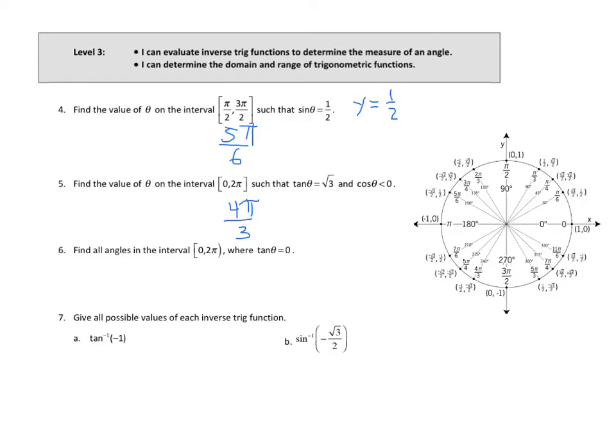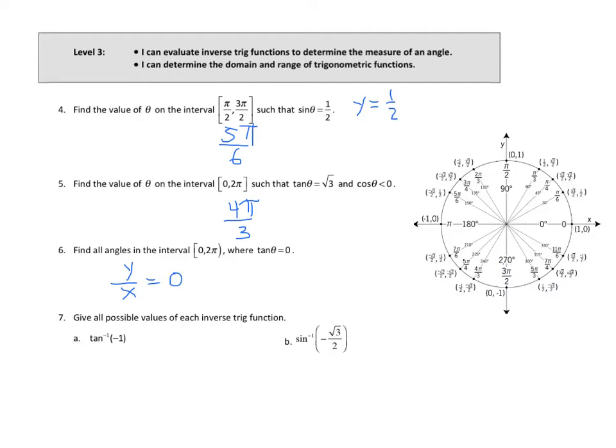In the next example, we want to find all angles in the interval 0 to 2 pi where tangent of theta equals 0. 0 to 2 pi is our whole unit circle, and we want to find all angles where this happens. For tangent theta to equal 0, we need y over x to equal 0. And for that to happen, it must be one of our quadrantal angles, but we need the 0 on top.